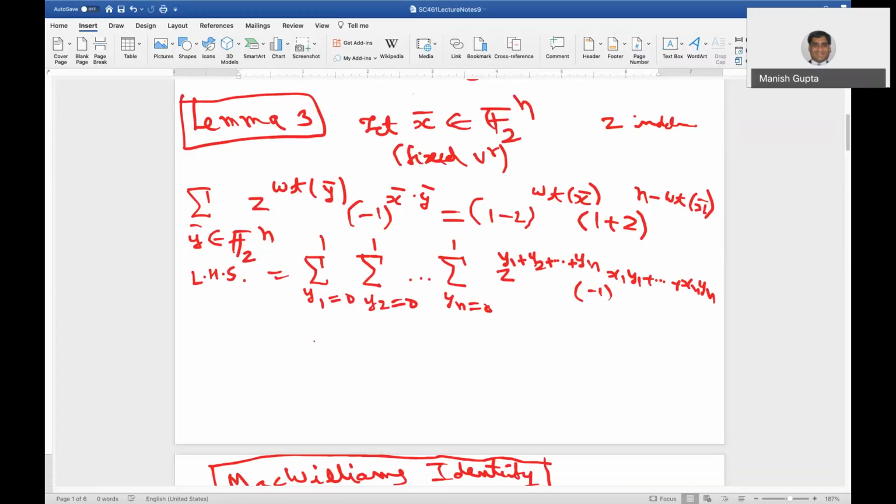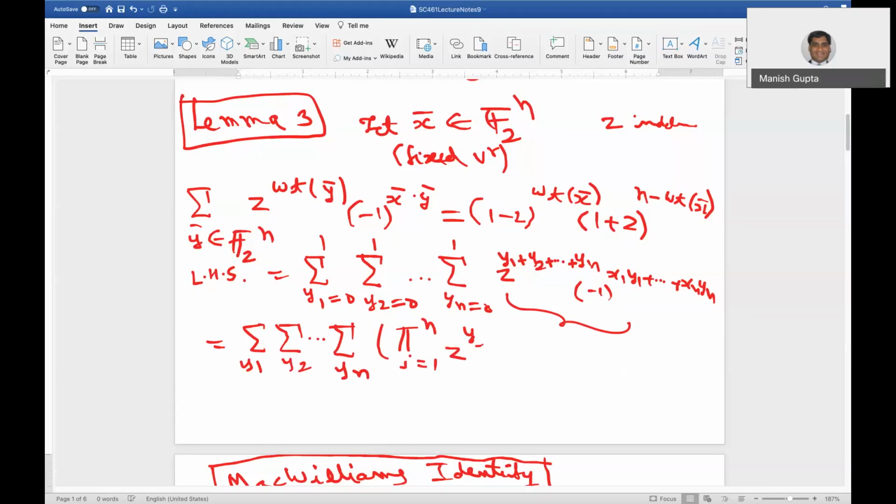Now this portion here I can write down as a partial product. Okay, so overall this quantity will be summation over y1, summation over y2, ..., summation over yn, and it can be written as product i is equal to 1 to n of z raised to power yi times minus 1 raised to power xi yi.